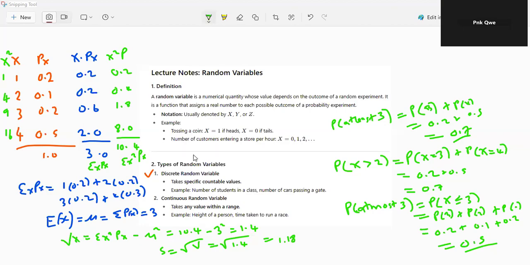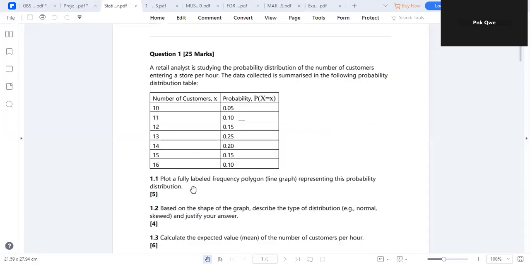In here, we've been given our number of customers and the probabilities. So how do we calculate this? How do we label this? You can sketch this using straight lines.